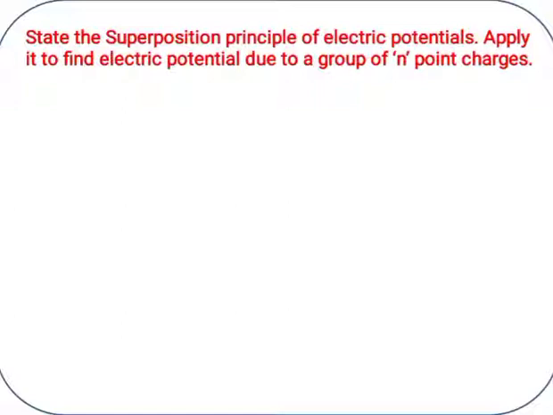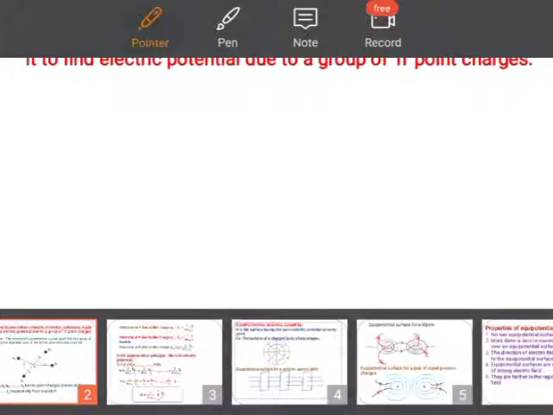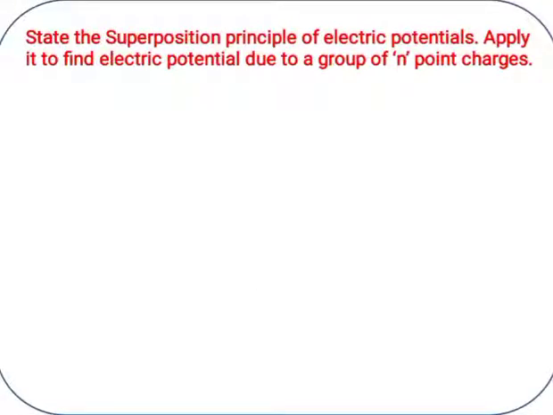To find the electric potential due to a group of n point charges, that is, in the system suppose we consider n number of point charges, then what is the total electric potential?